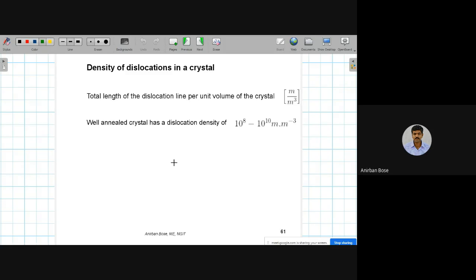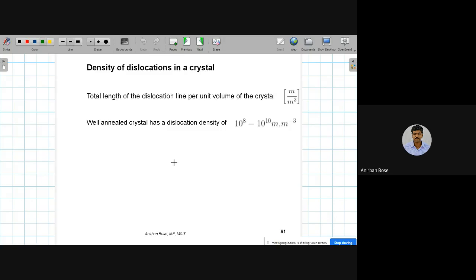So for example, just to get an idea, in a well annealed crystal, meaning the crystal is heated so that the different kinds of point defects and other non-equilibrium defects will probably go away from the crystal. Already you know that dislocation, a line defect, is not in thermodynamically stable equilibrium. So that is why if you anneal them, if you heat them, it is expected that most of the dislocations will get out of the crystal and it will be free of them.